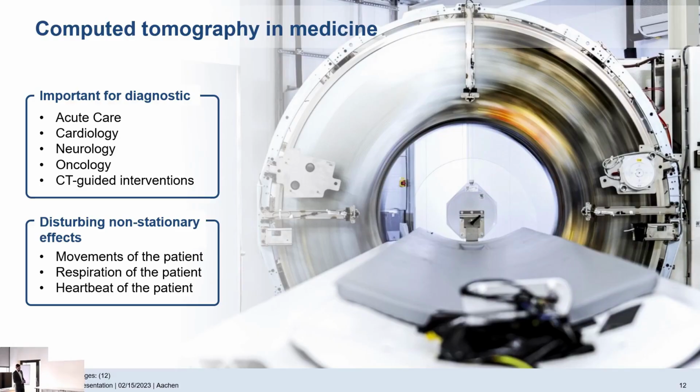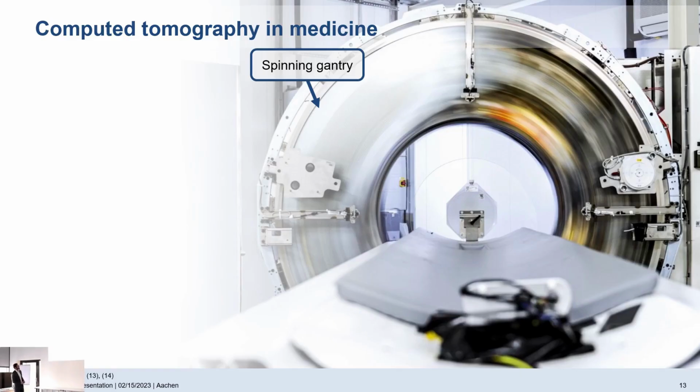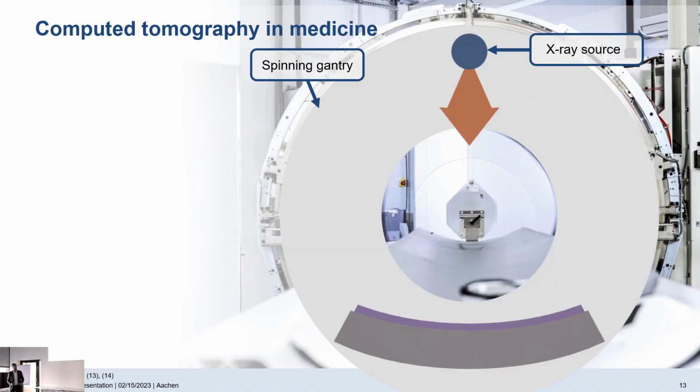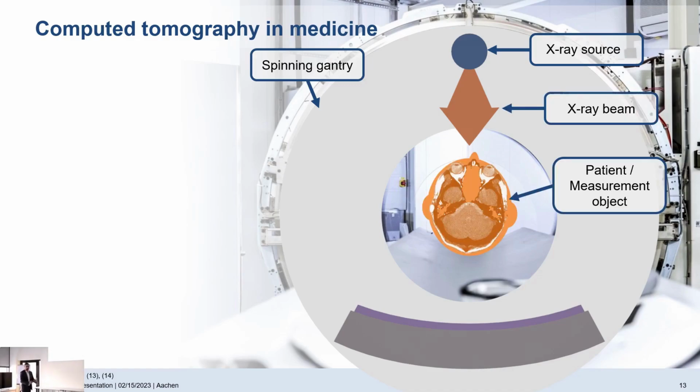So how does a CT scanner work? We have a spinning gantry, which is nicely visible on this picture here. And on this gantry, we have an X-ray source, which emits an X-ray beam, which is transmitted through the patient or the measurement object, and which is then measured with the X-ray detector. So the remaining intensity of this X-ray beam is detected.